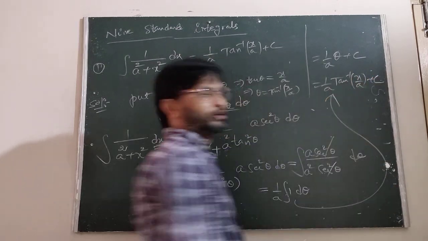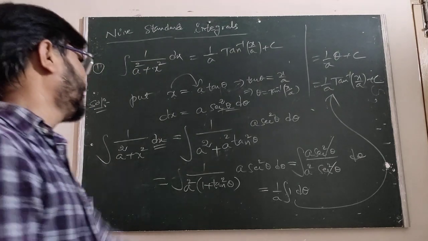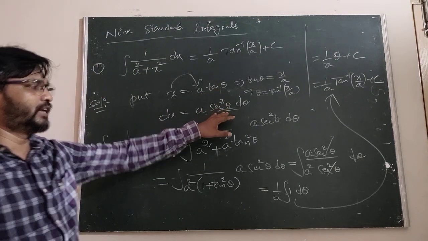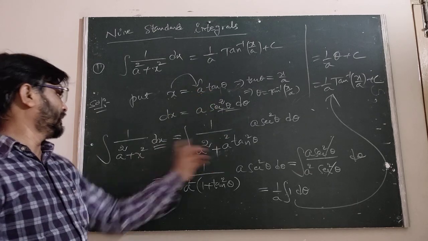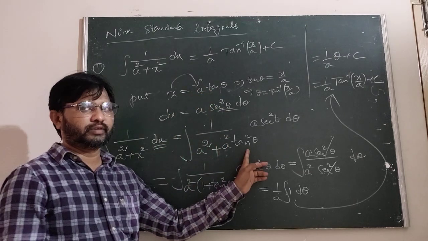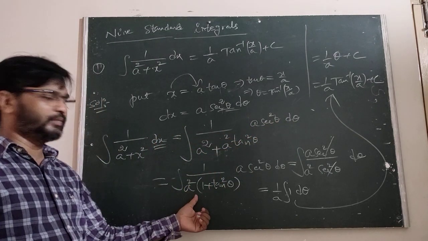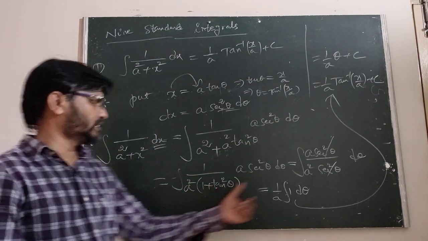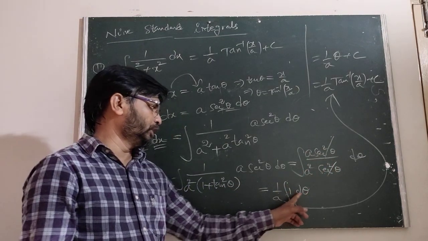This is our solution. First of all, we take x equal to a tan theta, and the derivative is a secant square theta. Substituting, x square is a square tan square theta, and dx is a secant square theta. Then take the common term a square; 1 plus tan square is secant square, these are cancelled, and we get 1 by a into d theta.